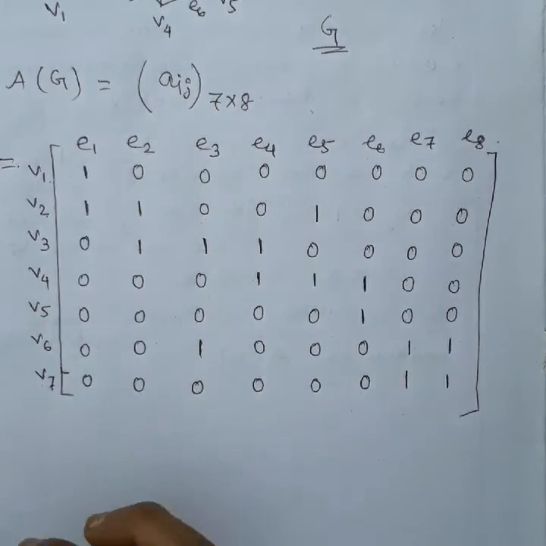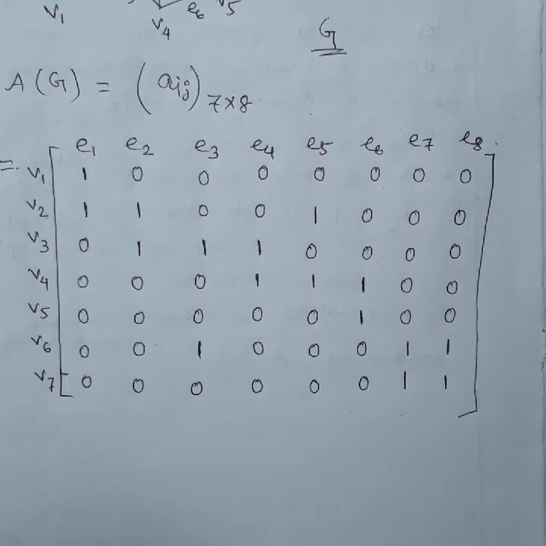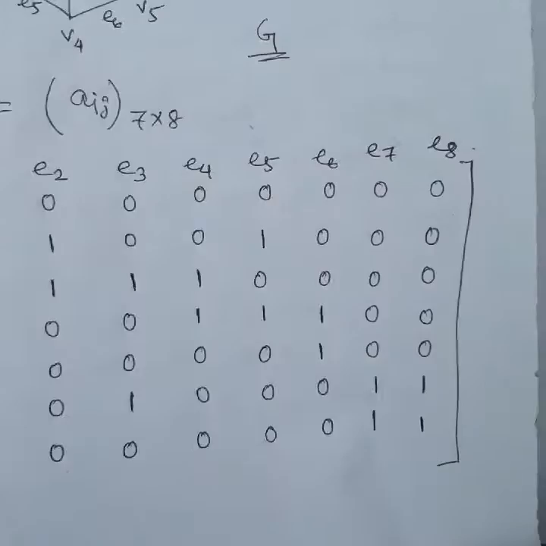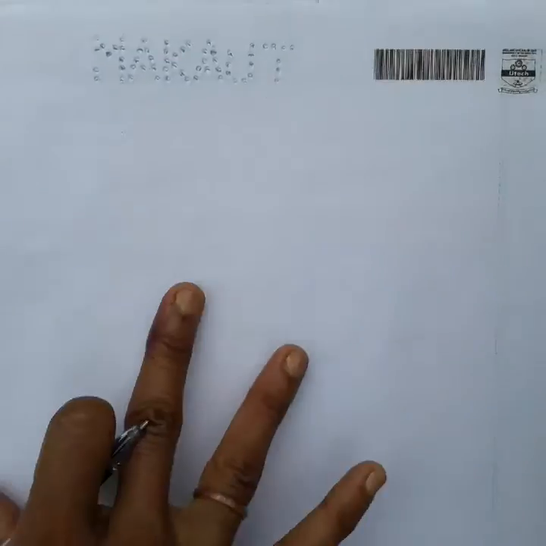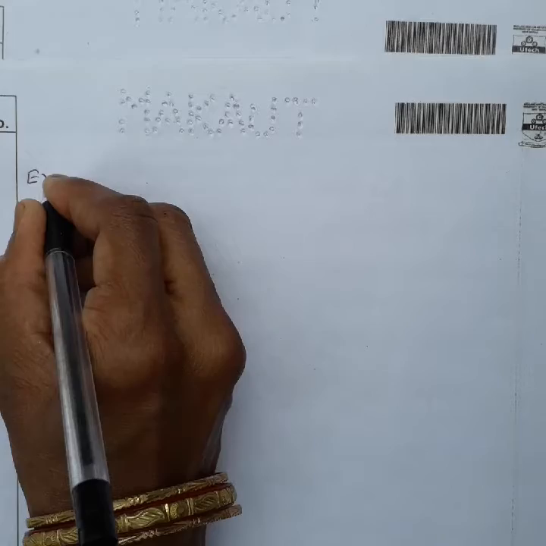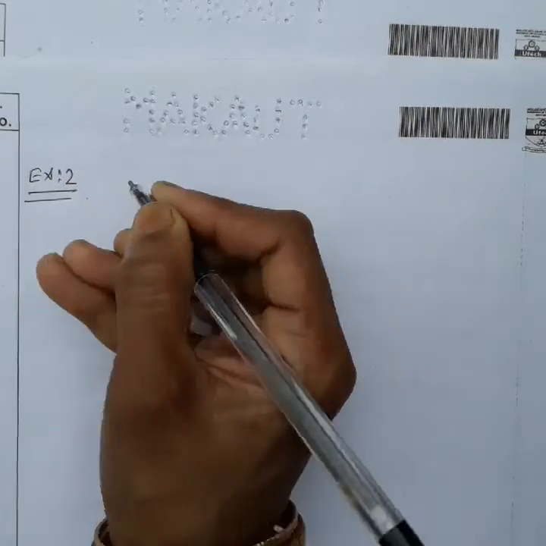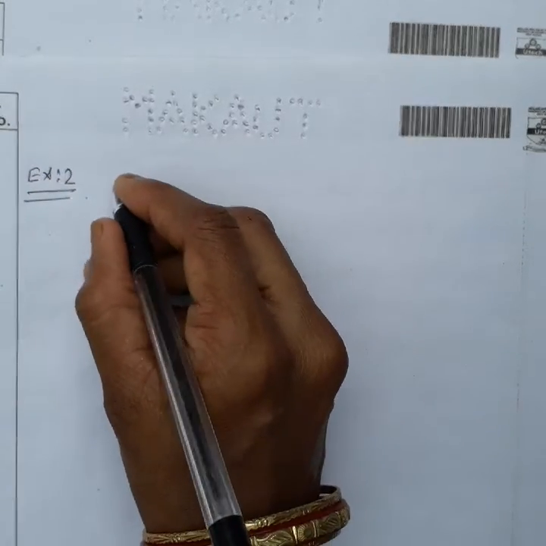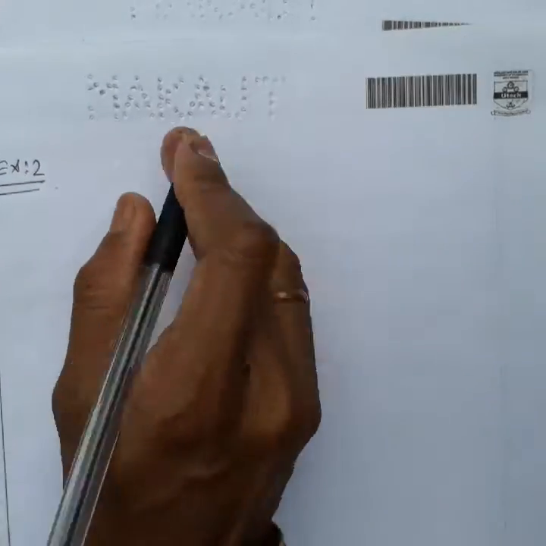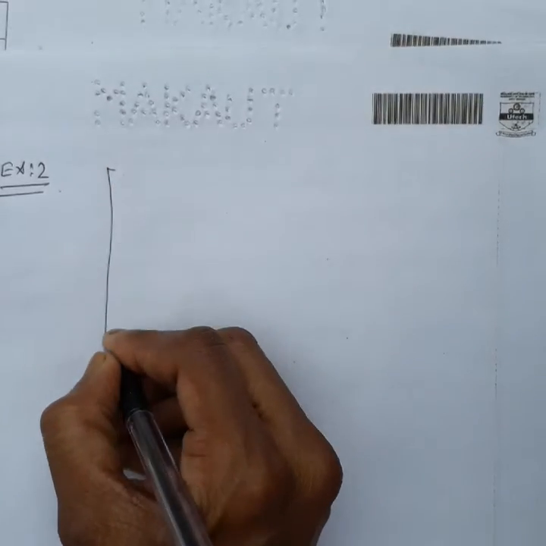Now we find the graph from the matrix. First I show the matrix. Our matrix is this.